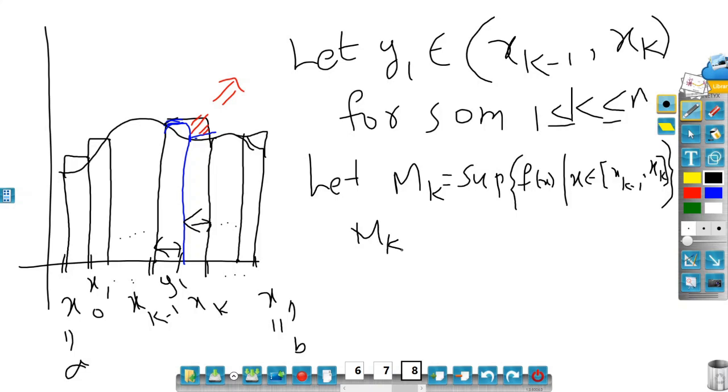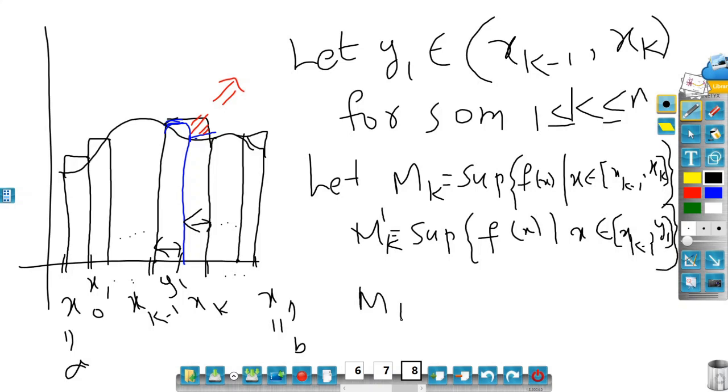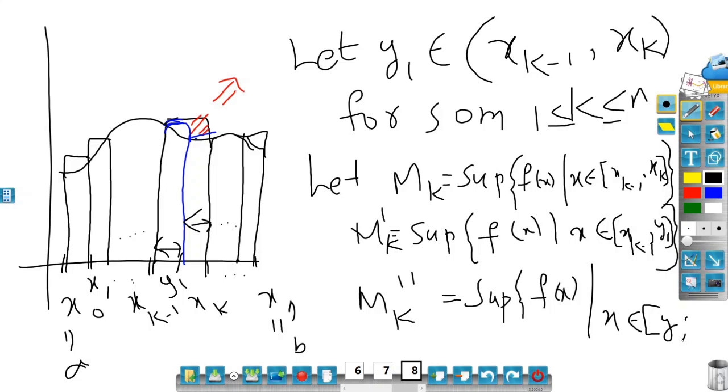So let me call mk dash the supremum of fx such that x belongs to xk minus 1 comma y1, and mk double dash is again the supremum of fx for x belonging to y1 comma xk.